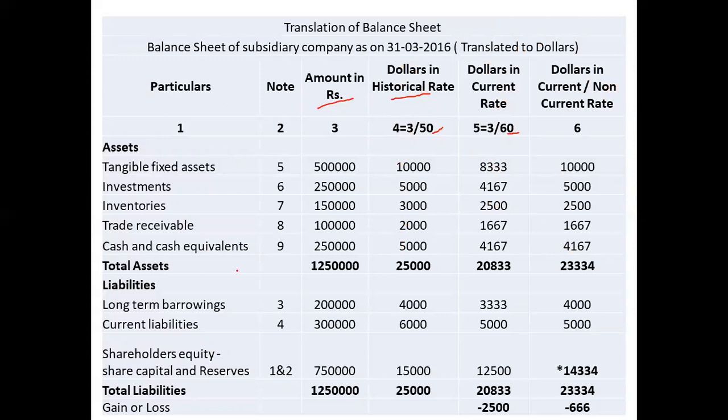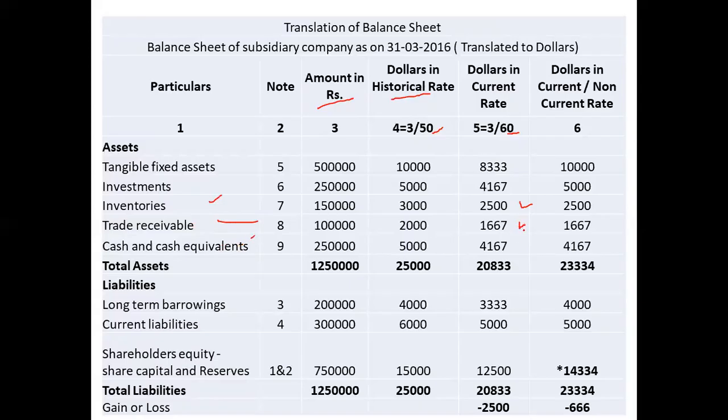On the basis of balance sheet items, the items related to current items, that is, current assets and current liabilities, should be taken at the current value. So here inventories are current assets, trade receivables are current assets, and cash and equivalents are current items.